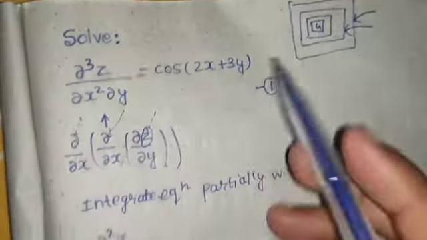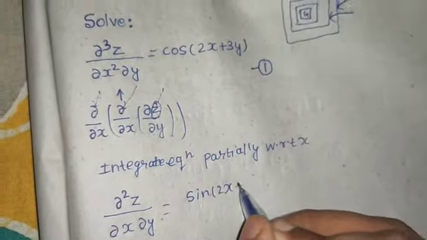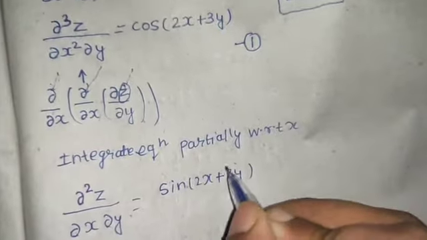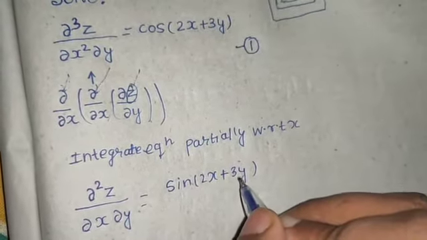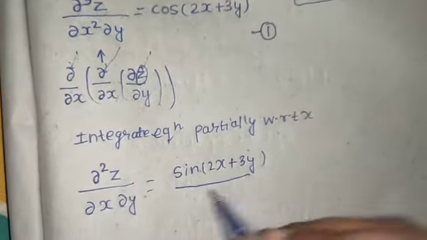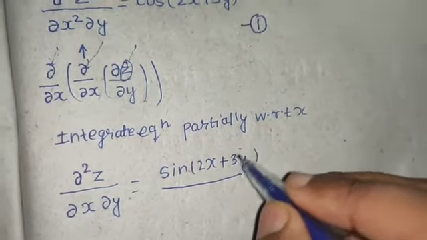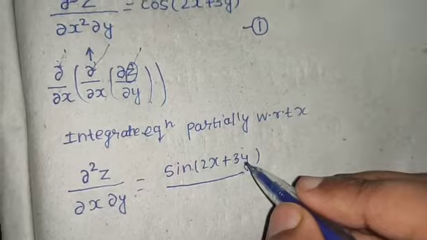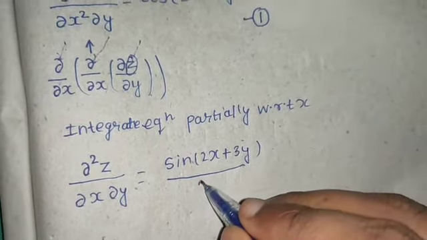the integration of cos is simply sine 2x plus 3y, and if you go inside, you will again take the derivative of the argument and divide by that. But be careful, because you are doing partial integration, so this 3y will be treated as constant. You will just take the derivative of 2x, which is 2, and divide by 2.